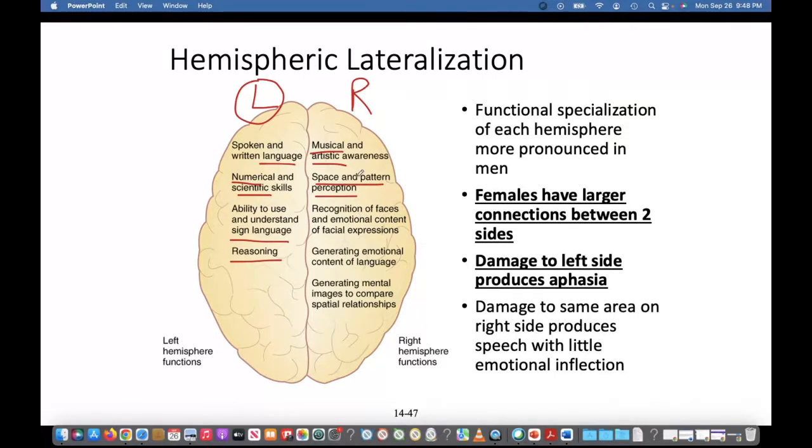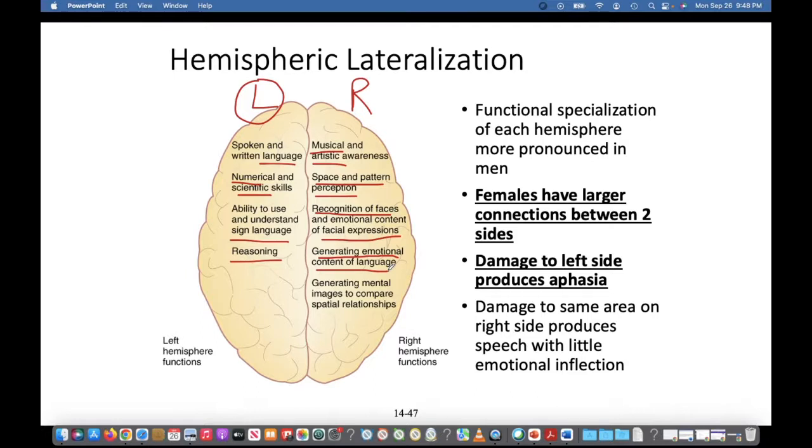When we're born, we are right side dominant. It's important because babies have to be able to recognize facial expressions. They need to recognize faces. They can recognize who the parents are or not. Right side gives the ability to generate emotional content when the person speaks, right?